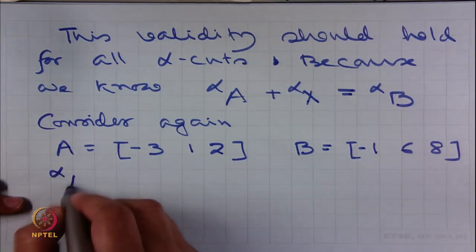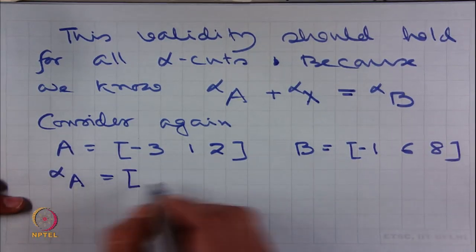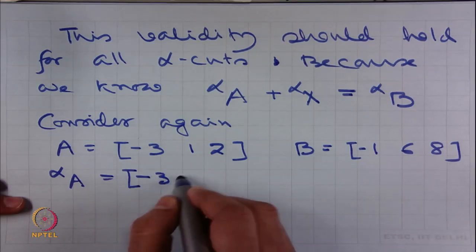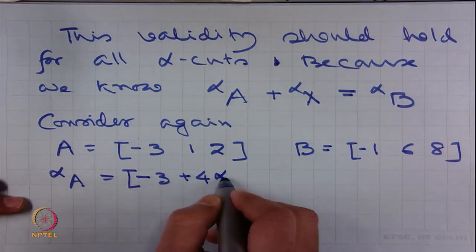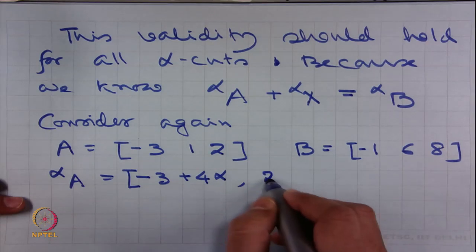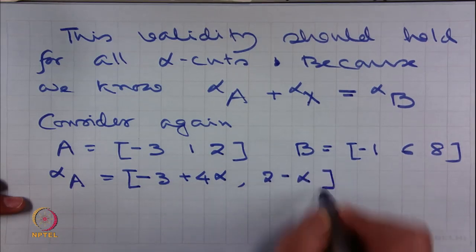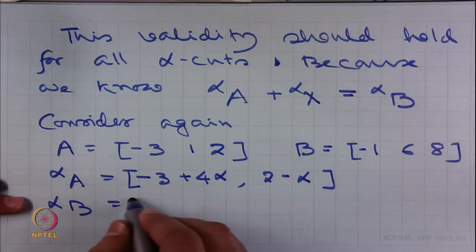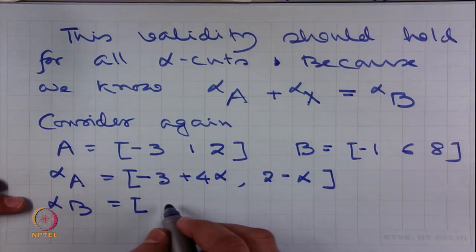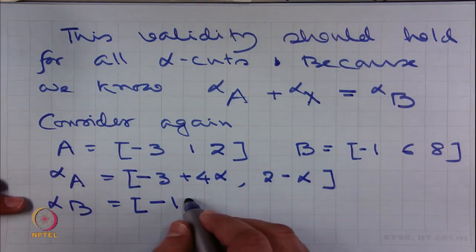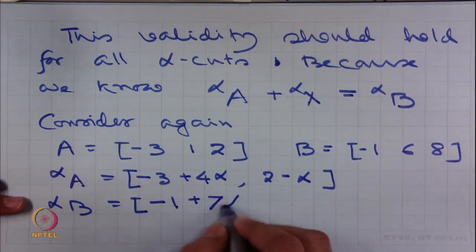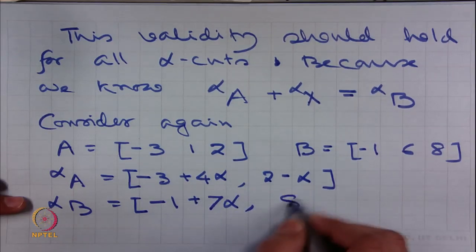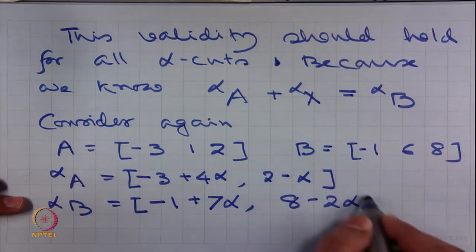Therefore, alpha cut of A is equal to minus 3 plus 4 alpha comma 2 minus alpha, and alpha cut of B is equal to minus 1 plus 7 alpha comma 8 minus 2 alpha.